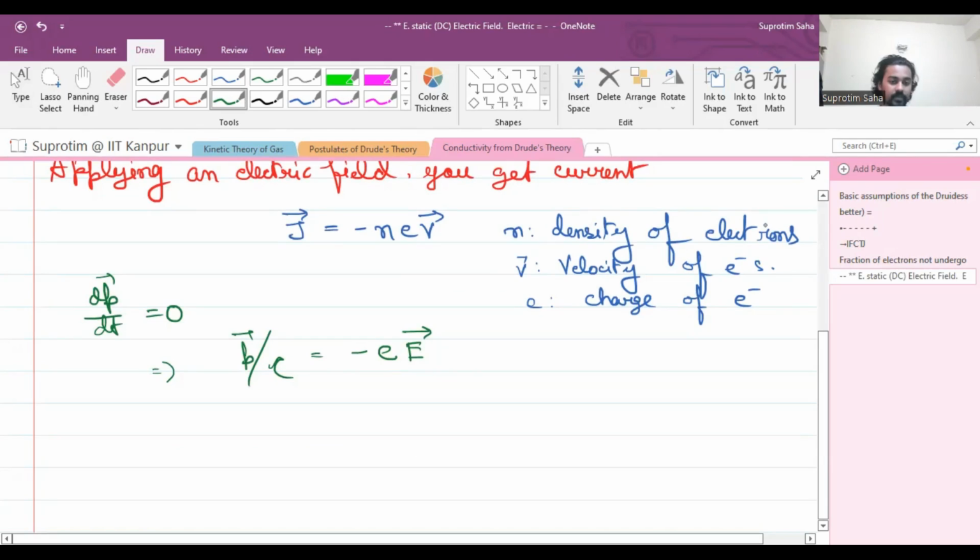Now, this implies that the p vector is equal to minus e tau times the E vector, implying the mass of the electrons times the velocity of the electrons is given by this.